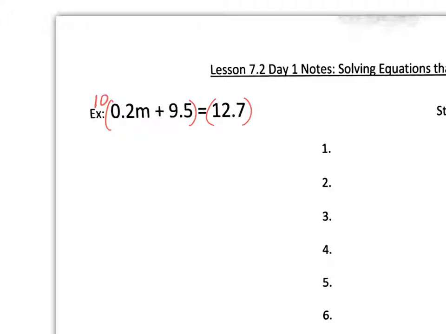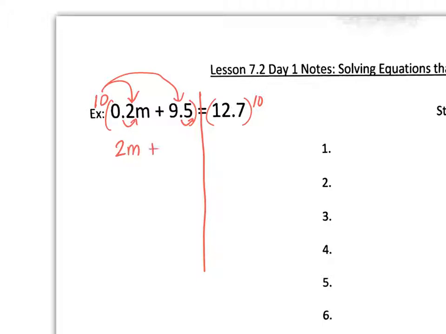So if I multiply everything by 10, let me draw my line down, the equal sign here. 10 times this is just going to move the decimal point over one time. That's sort of the shortcut. If you don't believe me, just put 0.2 times 10 into your calculator, and you'll see that it's just 2, and then we have an m also.